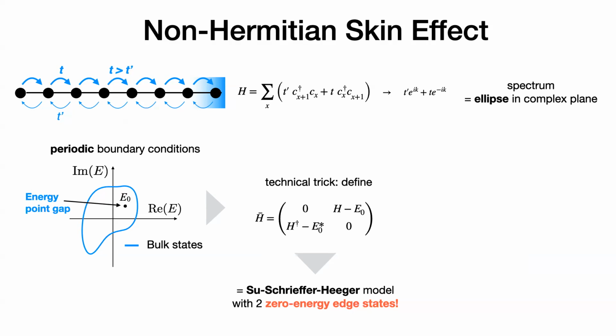And in the SSH model, these 0 modes at the end are eigenstates of the chiral symmetry operator. That's what pins them to 0, because if you have n of them, they are all eigenstates of the same chiral eigenvalue, so they can't gap out with each other. So the chirality determines whether you have a right or a left eigenstate. In this case, whether it's an eigenstate of H or H dagger. So a right eigenstate of H dagger is a left eigenstate of H.